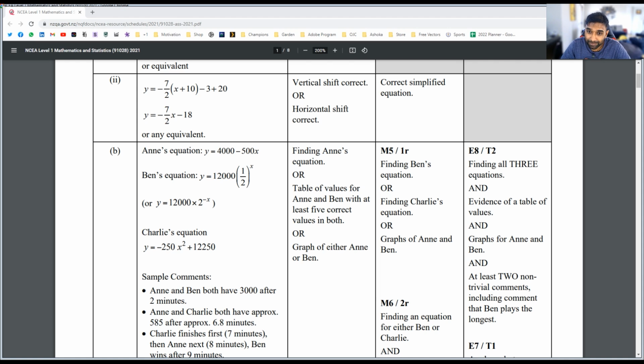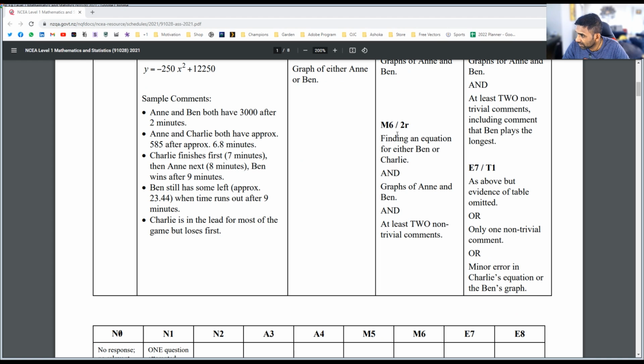Ben's equation is an exponential one, and Charlie's is a quadratic. So it's not bad for one merit, but for two merits, which is the 2R, you need the graphs of Ann and Ben.